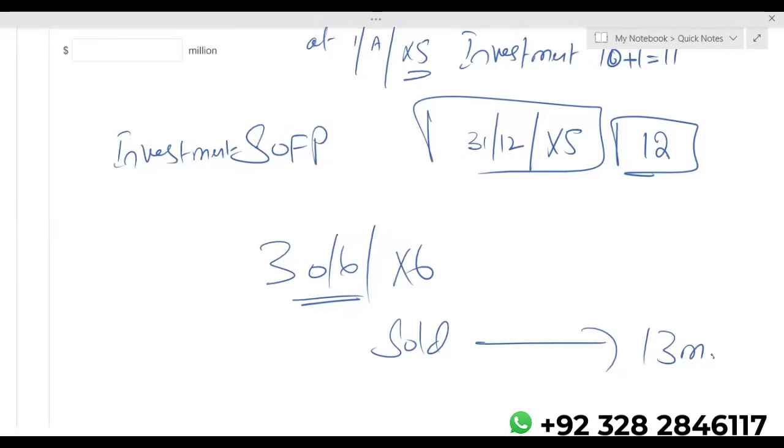So technically before disposal, you will remeasure your 12 million becomes 13 million. There's a gain of 1 million. Obviously that gain goes to OCI.